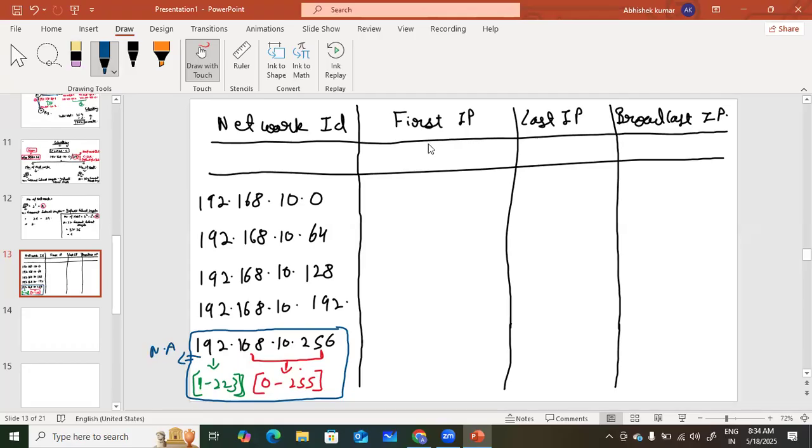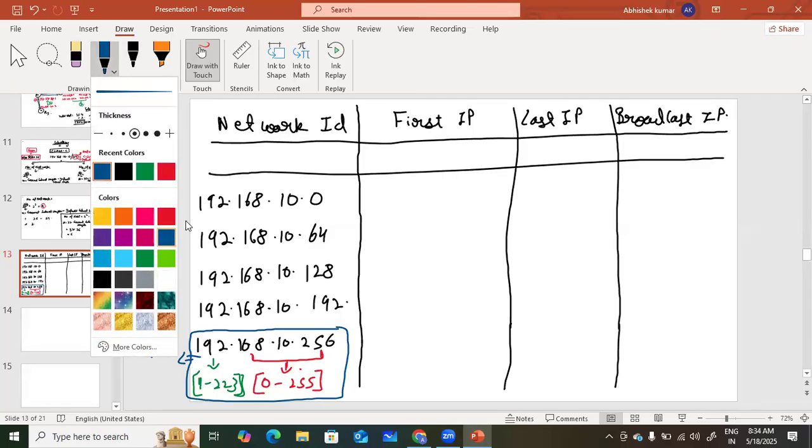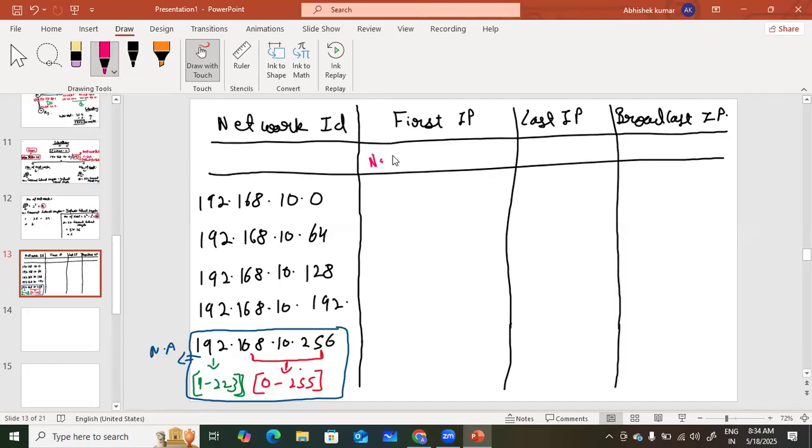Now, how do we calculate the first IP, last IP, and the broadcast IPs? We have to use a formula. To find the first IP, just add 1 to the existing network ID.